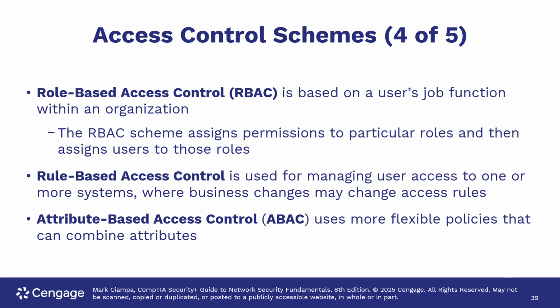You have your role-based access control. It's based on the user's job function within an organization. Your rule-based access control is used for managing users' access to one or more systems where business changes may change the access rule. You have your attribute-based access control, using more flexible policies that can combine attributes.